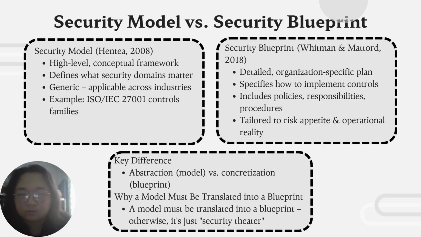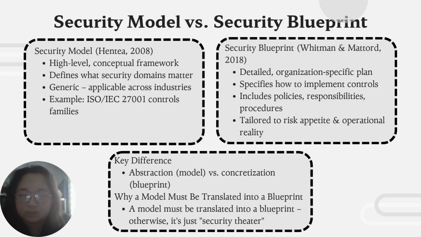So, why must a model become a blueprint? Because a model alone is not enough. We absolutely have to translate the model into a practical blueprint to fit your organization. That translation is what turns theory into real protection.